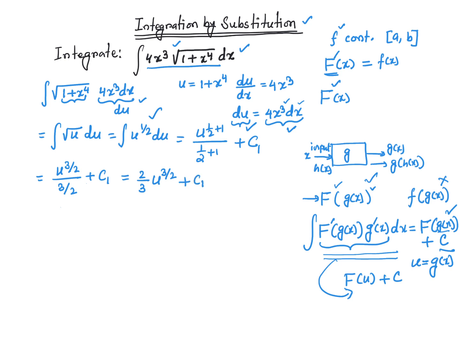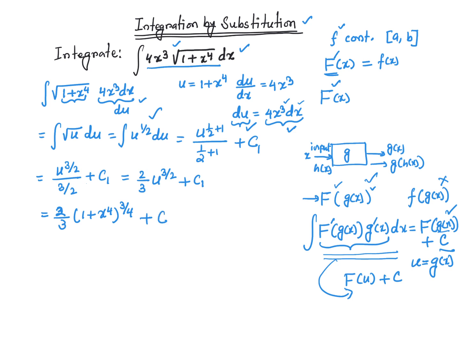And that, by the way, is going to be equal to 2/3 times u to the power 3/2, which is (1 plus x to the power 4) to the power 3/2, plus some arbitrary constant c.